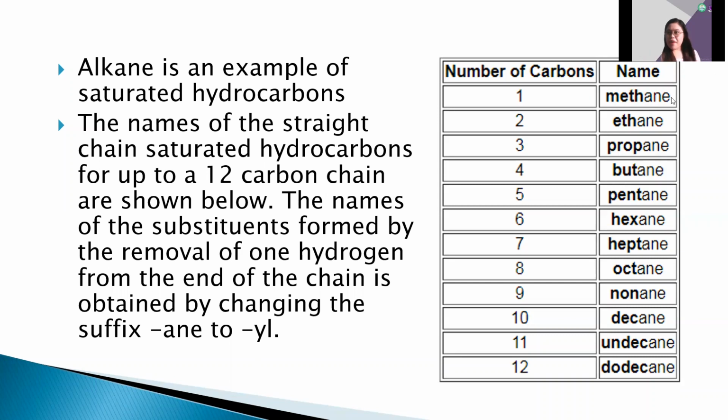So ito magiging methyl, ethyl, propyl, butyl, pentyl, hexyl, heptyl, octyl, nonyl, decyl, undecyl, and dodecyl. Ano yung mangyayari pag minus one na hydrogen? Magmamay-roon yan siya ng bond kasi instead of hydrogen, it will be bonded to other atoms.